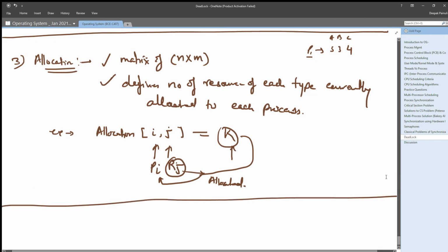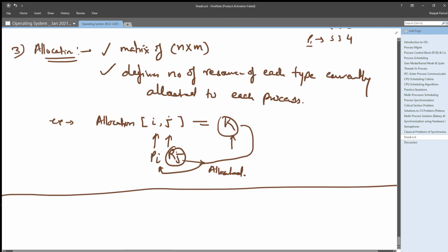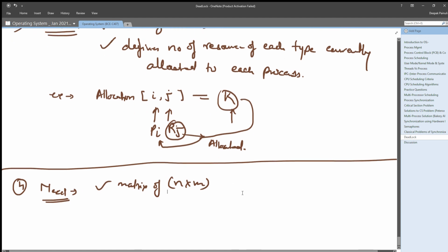Now the last data structure this algorithm will need is Need. It will be a matrix of n into m, where n is the number of processes and m is the number of resource types.